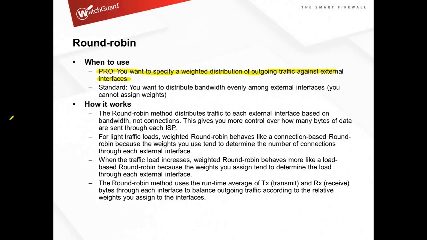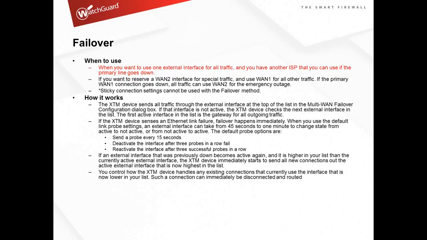Or maybe you only have a 2 series and you want to distribute bandwidth evenly among external interfaces, and you can do that today. So there's a little bit on how round robin works, and again, I'll show you. I don't want to spend too much time on the slides. We'll show you more in depth.